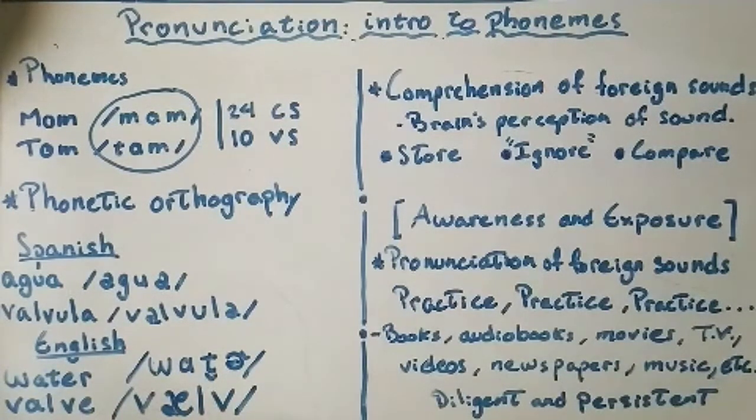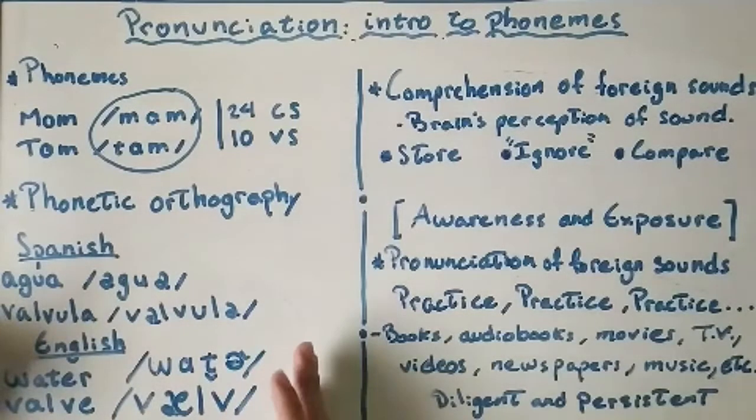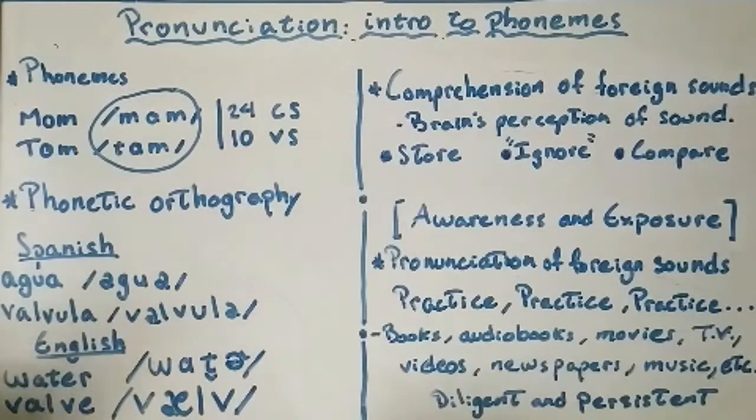So how to avoid this obstacle, this inconsistency in the language? Well, of course, every single time you find a new word, don't assume the pronunciation of the word. Go look it up in a dictionary.